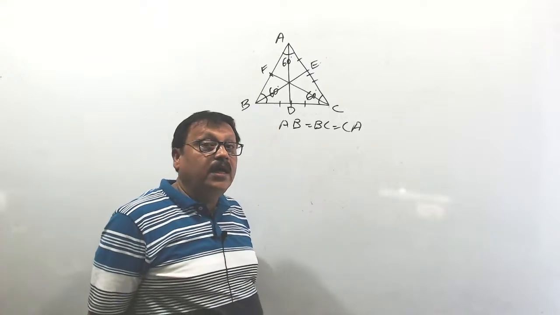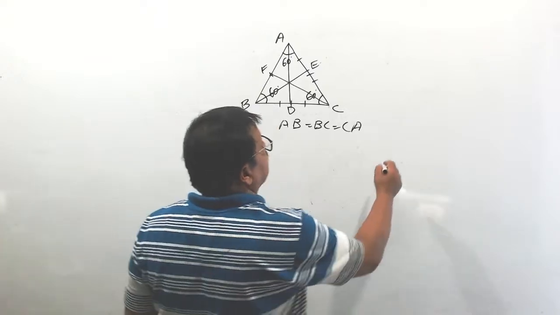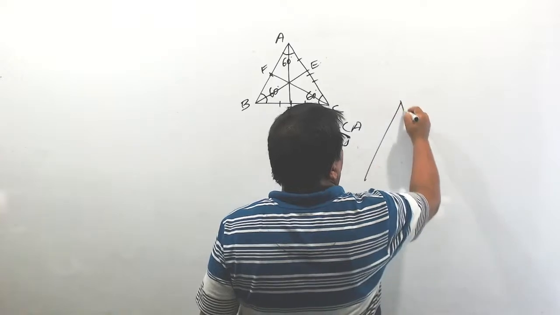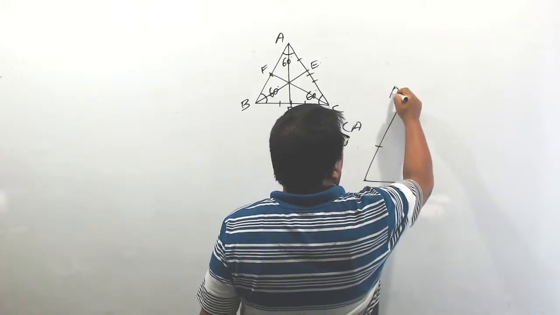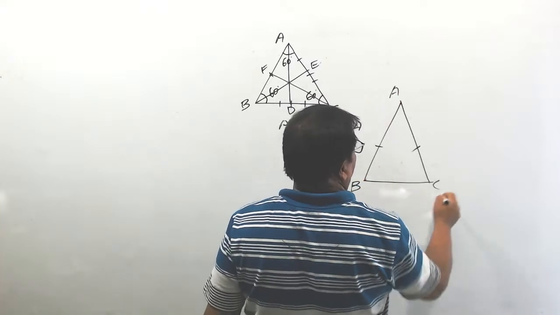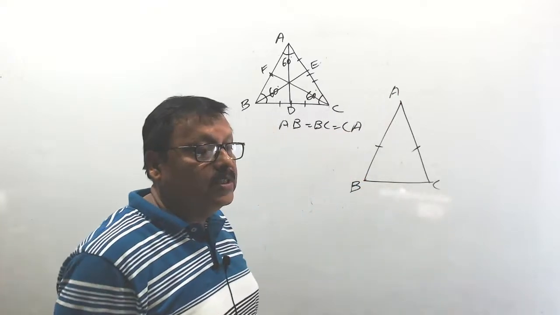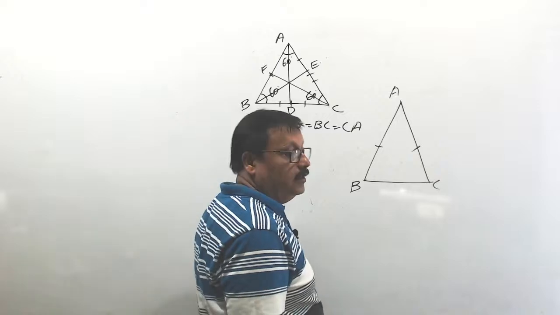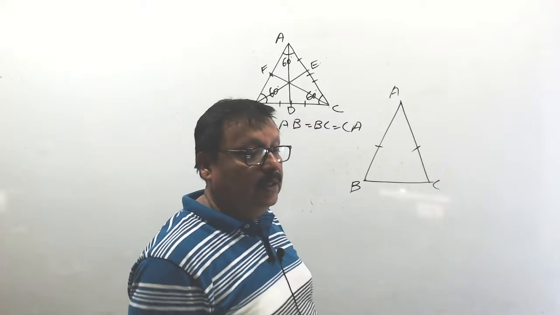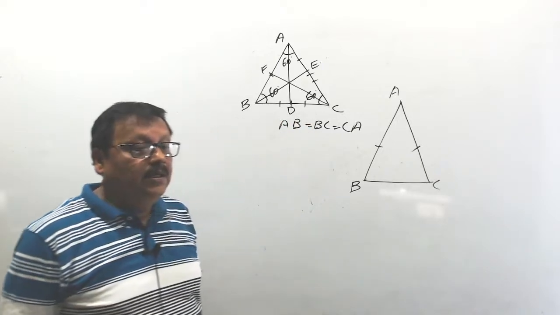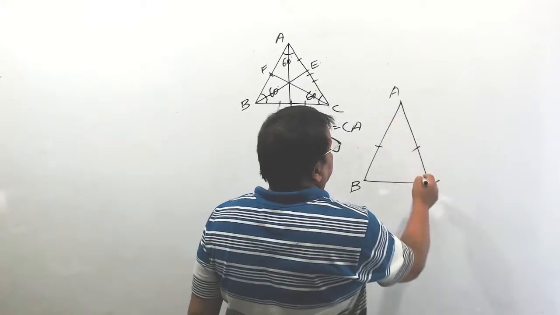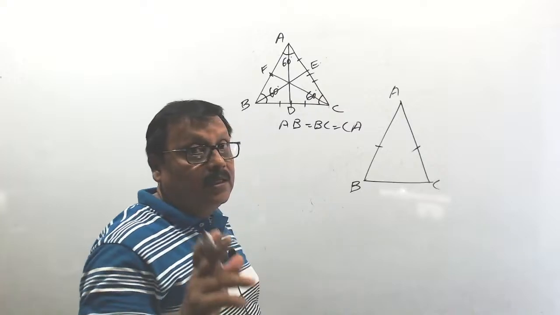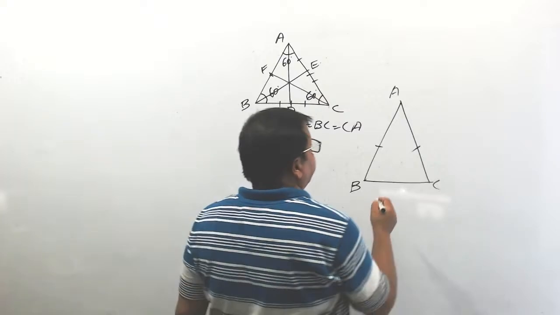Next is isosceles triangle. Isosceles means 2 sides are equal. This side, say ABC. Okay, 2 sides are equal. If 2 sides are equal, then the triangle is called isosceles triangle.